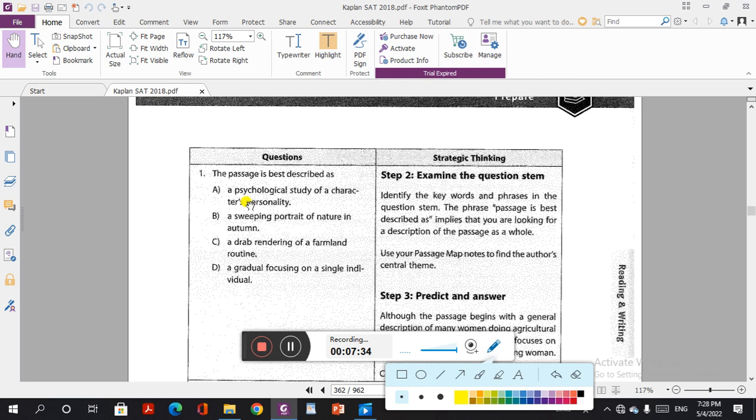What is the best description, Mr. Sharif, for this passage? After you read actively, after you understand everything, can you describe the passage from your own way, from your point of view? Yes, why not? So I extract some keywords like best description.